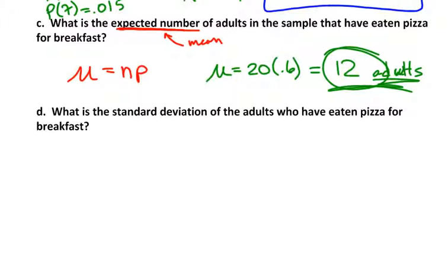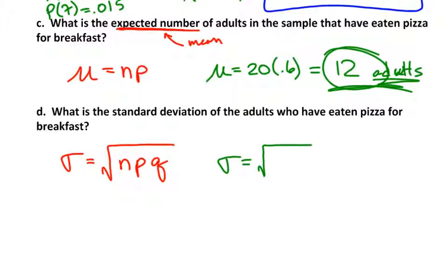Now, part D asks, what is the standard deviation of the adults who have eaten pizza for breakfast? Well, you'll remember that formula as well, hopefully. The formula for standard deviation of a binomial distribution is the square root of n times p times q. So when we work out our value for standard deviation, that's going to be the square root of 20, which is n, times 0.6, which is p, times q, which is 0.4.